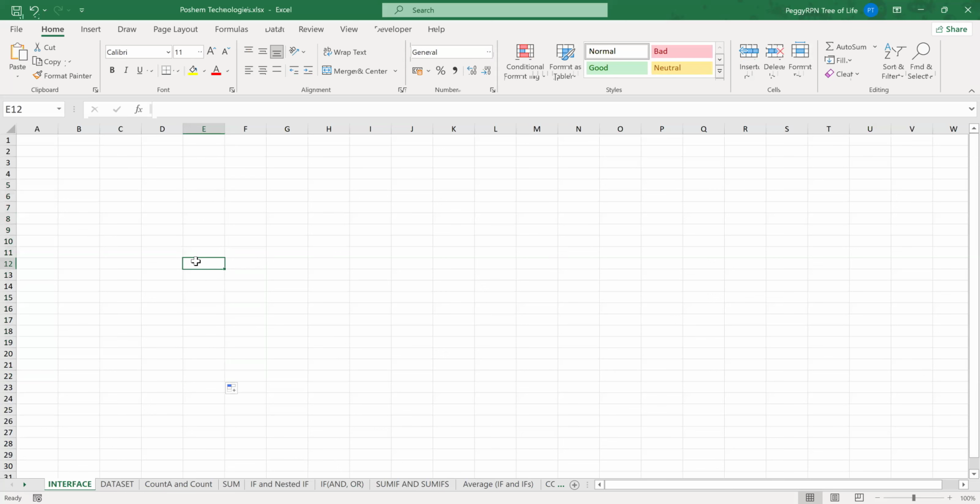The name box tells you the name of each cell. Right now it's telling you A1. The letters you see here are called columns, and the numbers you see here are called rows.